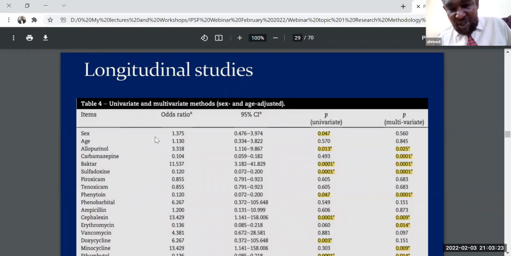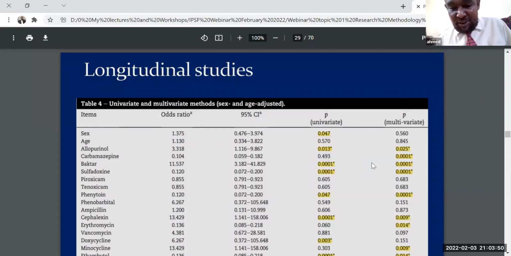If we are estimating the odds ratio for more than one variable, or all variables together in one analysis, it is called multivariate. After estimating the crude odds ratio using univariate analysis, we must have multivariate analysis to have the adjusted odds ratio, because this is actually close to the reality.